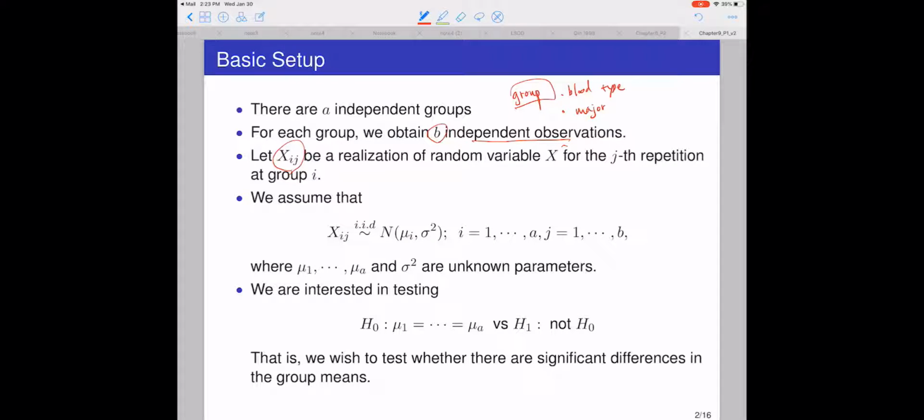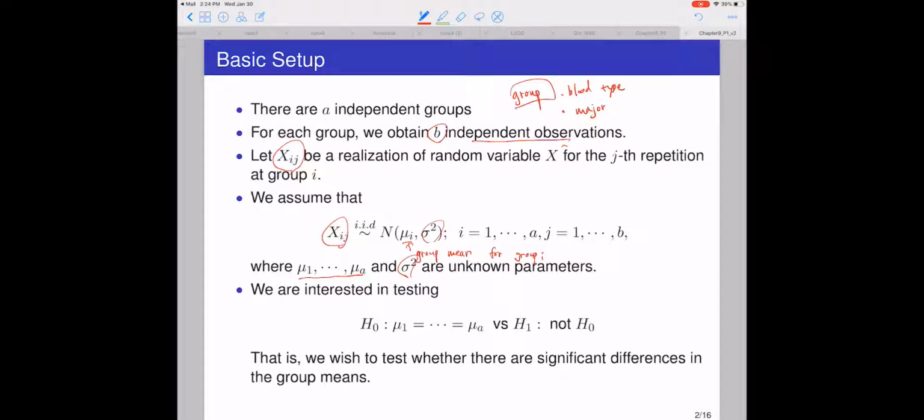Okay, and we assume that this Xij follows a normal distribution, where this is the group mean for group i, and this is the variance. These mu1 to mu A and sigma squared are unknown parameters.